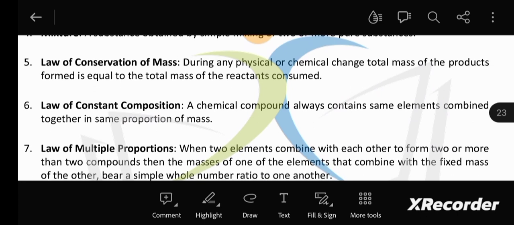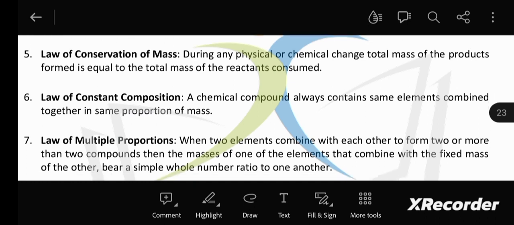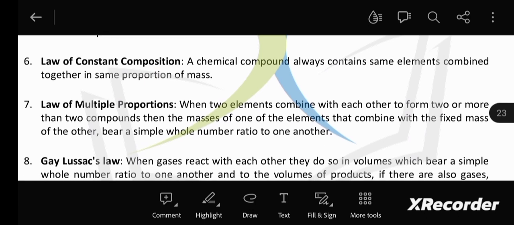Next, law of conservation of mass, reactant mass is always equal to product mass. Next, law of constant composition, a compound always contains the same elements combined together in the same proportion by mass.